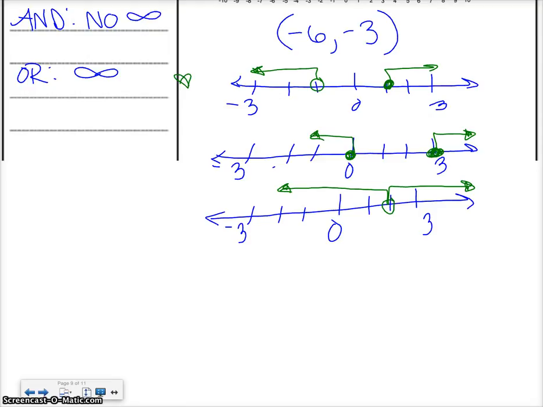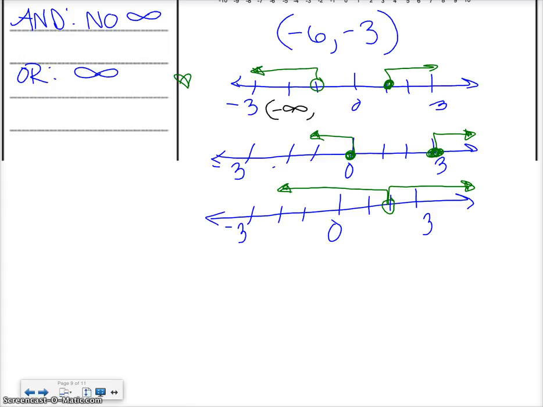Yes, it does go to negative infinity. Notice that there's no number that you actually write down because it keeps going all the way to the left. So you actually start at negative infinity. You can't color it in, so that's why it's a parenthesis. You cannot color negative infinity in because it doesn't exist.